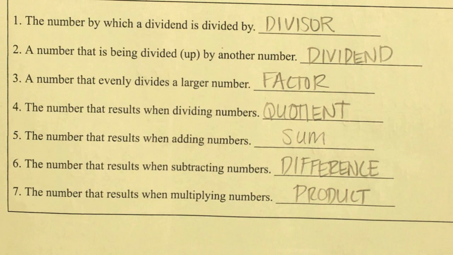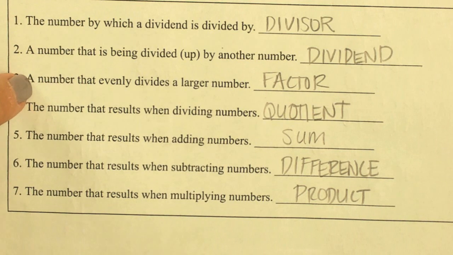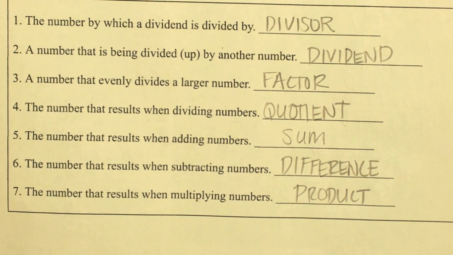They make a product. So whenever you have a multiplication problem, it's factor, factor, product. Okay? So if you are evenly wanting to divide a number, meaning there's no remainder, it would have to be a factor of that number. That's why I want you to understand this word. Evenly divides a larger number, it's got to be a factor of that number.